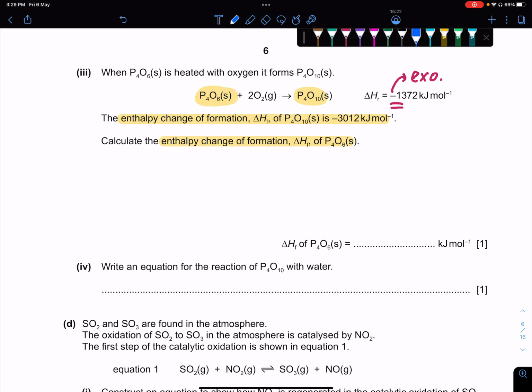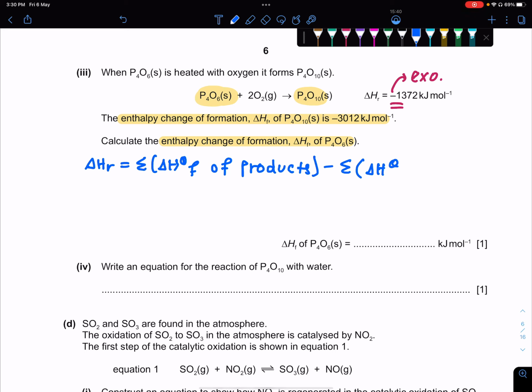Very easy. We use a formula. The formula is the enthalpy change of reaction is equal to the sum of enthalpy change of formation of products minus the enthalpy change of formation of reactants, right? Okay, now we just put in the values. Delta H is minus 1372.